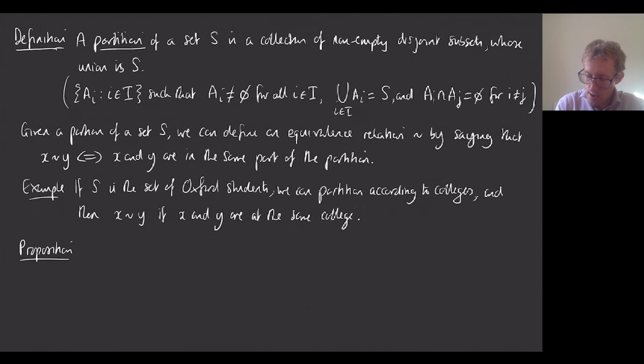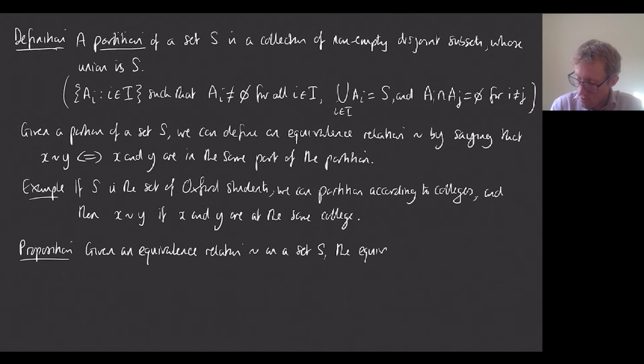So I'm going to say, given an equivalence relation tilde on a set S, the equivalence classes form a partition of S. And that's something that you're going to prove, I think, in the groups course, which will be later this year, although it's actually quite straightforward, so if you want to have a go at it, you can.